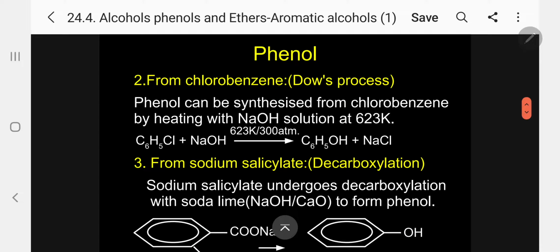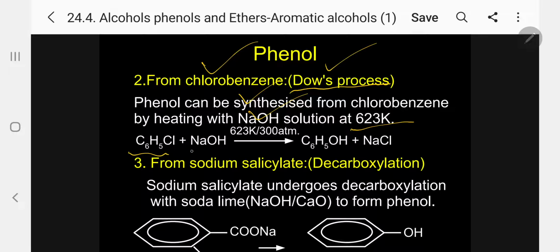Second method, phenol can be prepared from chlorobenzene. The method is called Dow's process. Phenol can be synthesized from chlorobenzene by heating with sodium hydroxide solution at 623 Kelvin and a high pressure of 300 atmospheres.